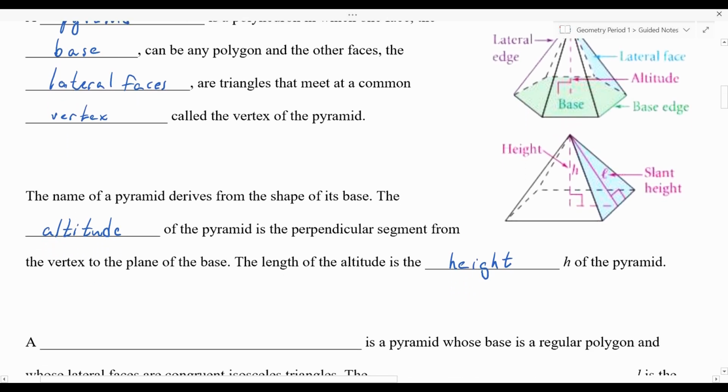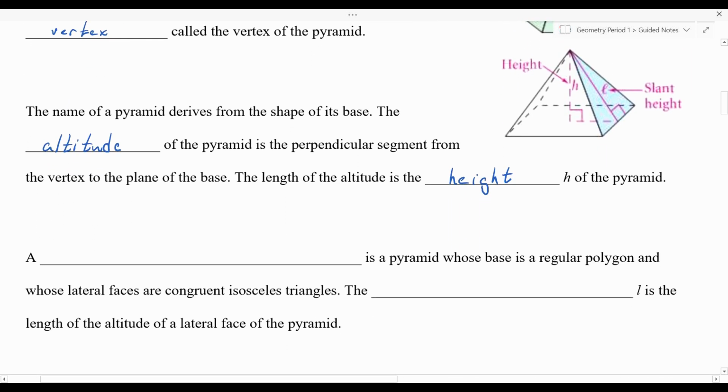Alright, and then we have a regular pyramid. A regular pyramid is a pyramid whose base is a regular polygon and whose lateral faces are congruent isosceles triangles.